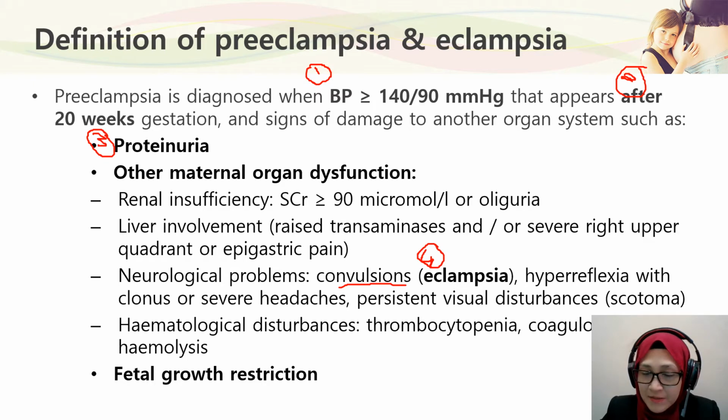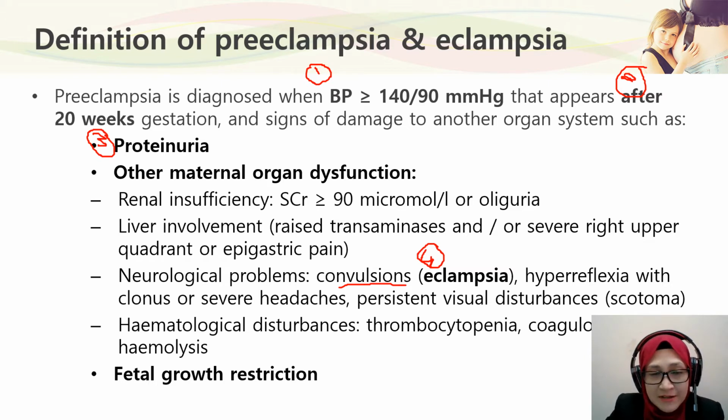Or if the patient does not have convulsion, but might have any other indication of maternal organ dysfunction, the patient can be defined to have severe preeclampsia. So we will look further next.